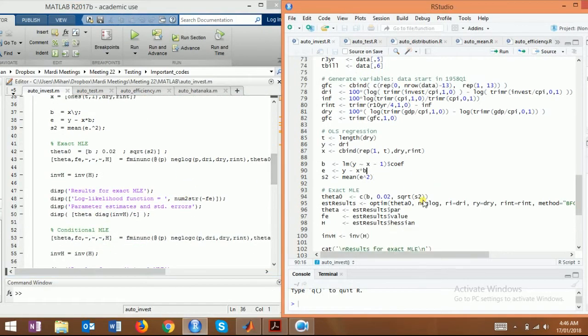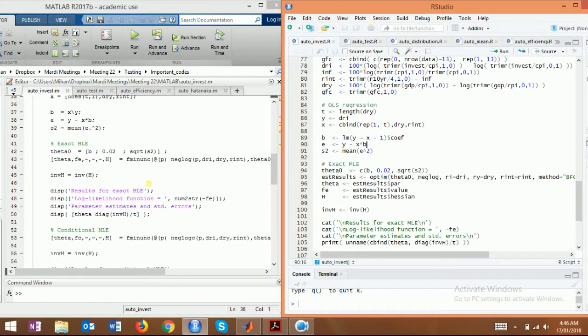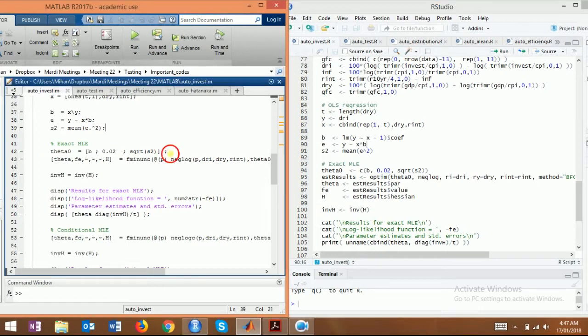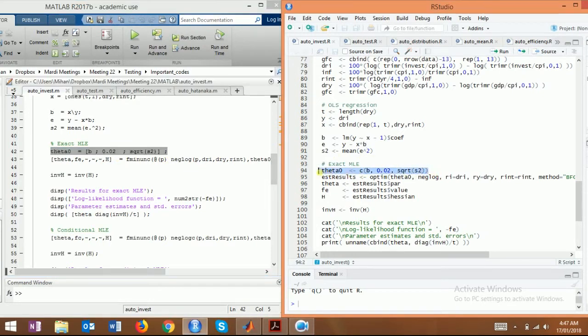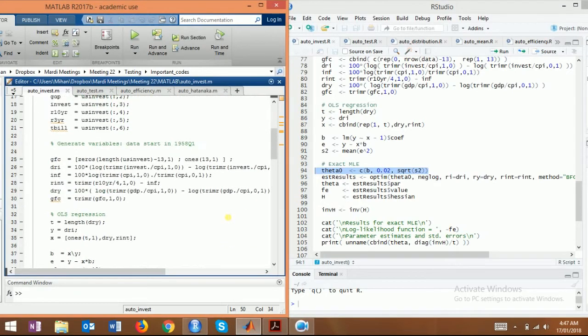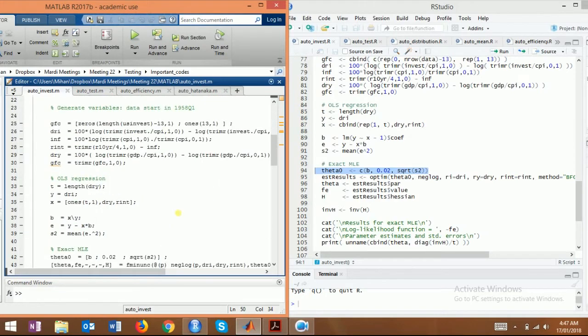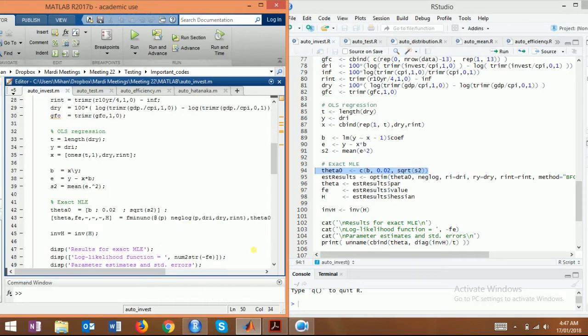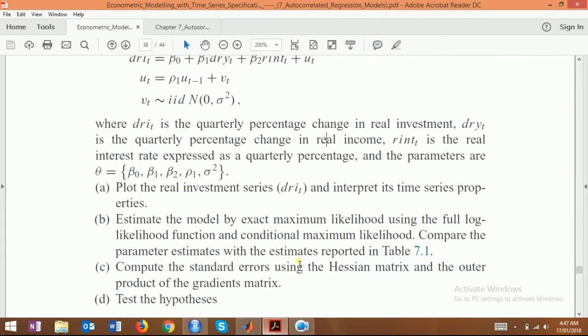Then we're doing exact maximum likelihood estimation. Theta naught is b, 0.02 and square root of sigma square. So with OLS, what we did is that we found the initial values with OLS, that's all. The value of rho here we're using 0.02 because we have not found anything for rho.